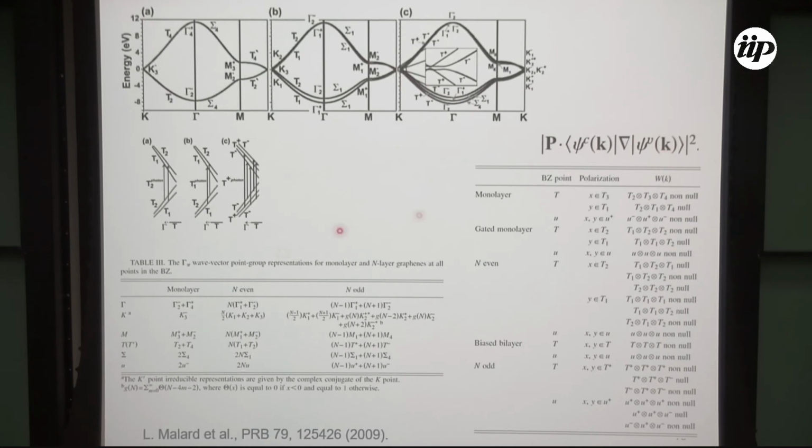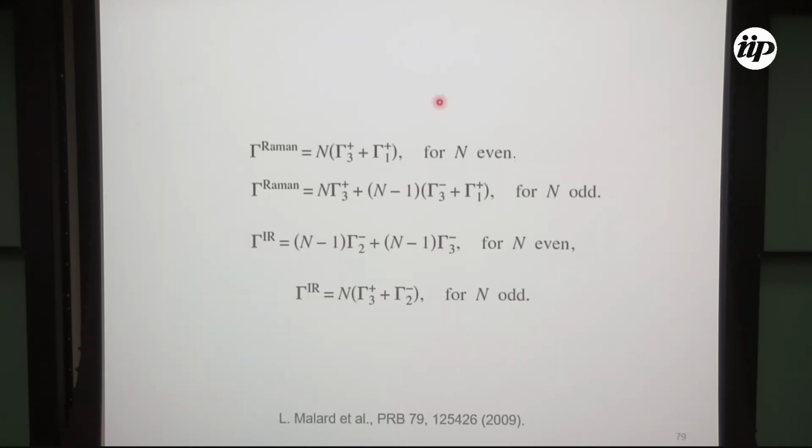And you can make more complicated things, or you can just see how the optical transitions go, or how the Raman process goes. For example, we can calculate from the base functions which Raman modes we have for an even number of layers, which Raman modes we have for an odd number of layers, which infrared active modes we have for an even number of layers, and so on.